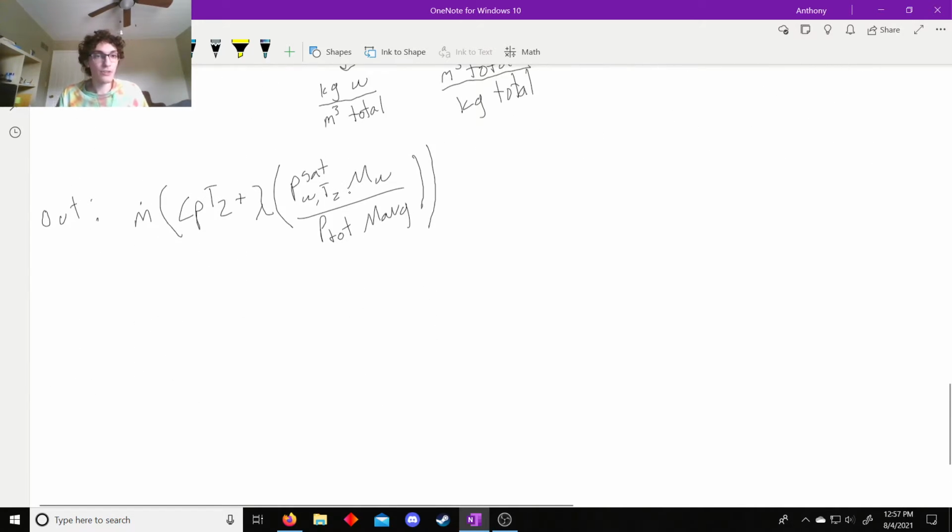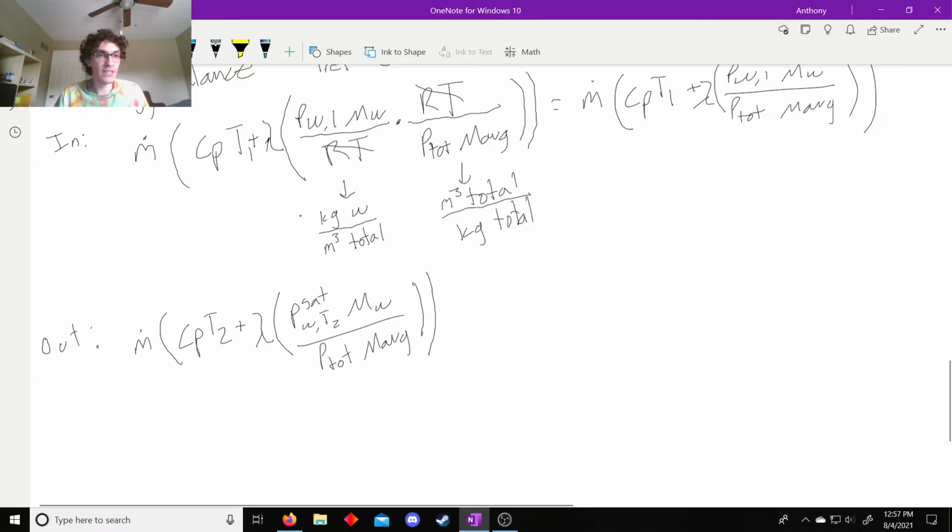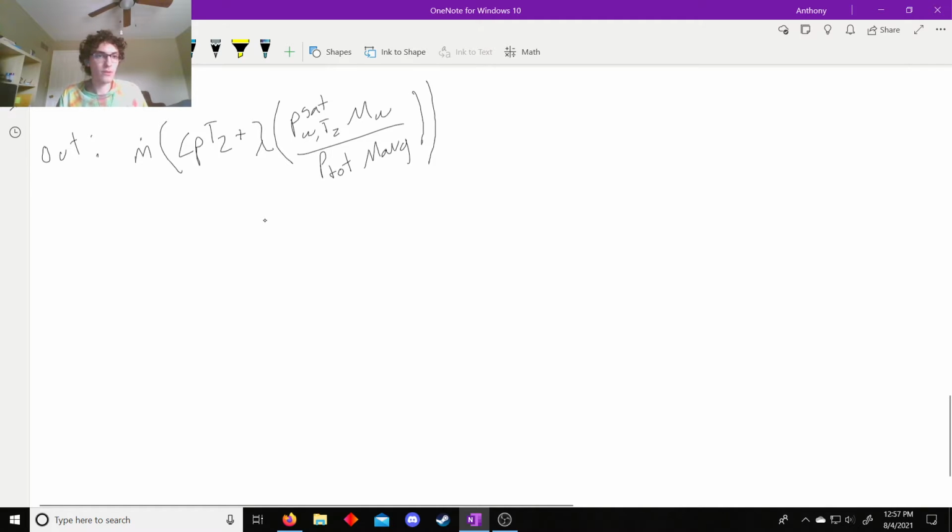Okay, so now we're going to set these equal, because the enthalpy in equals the enthalpy out. So what we're going to say is the enthalpy out. I'm just going to go ahead and copy this down.